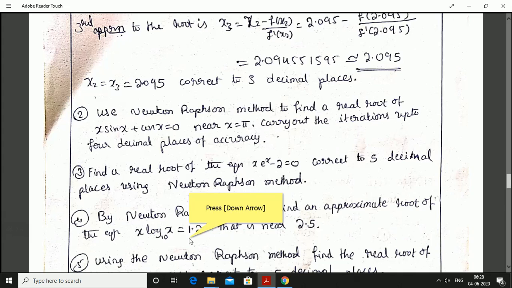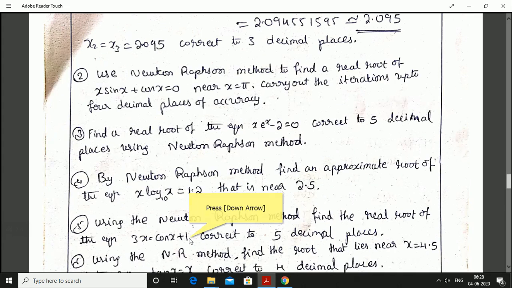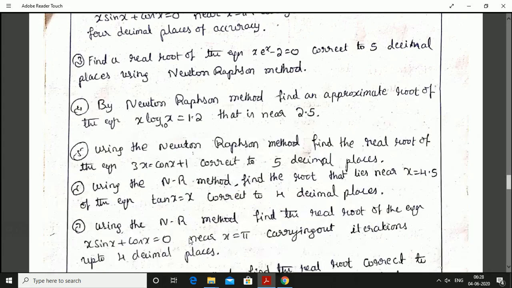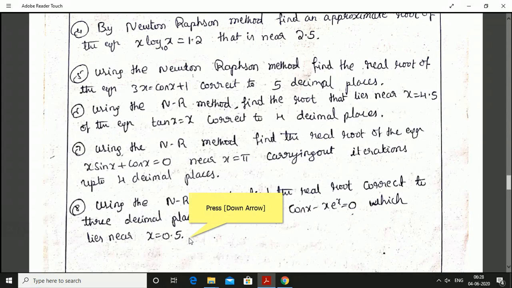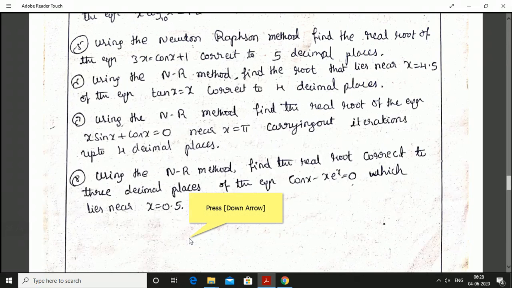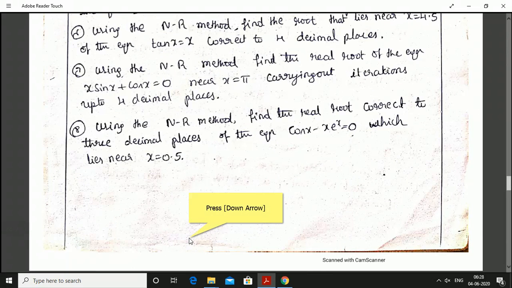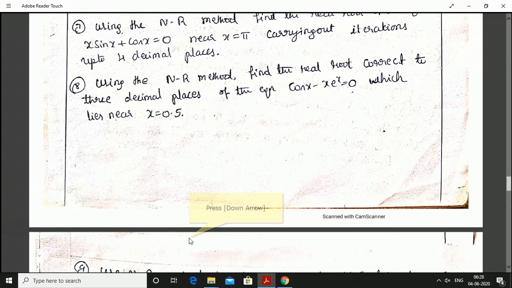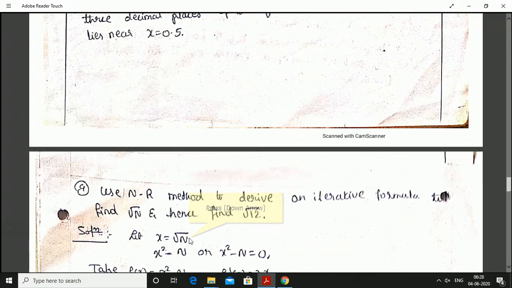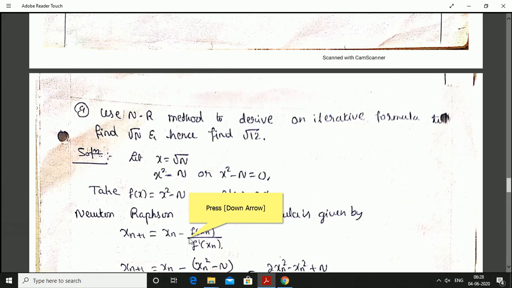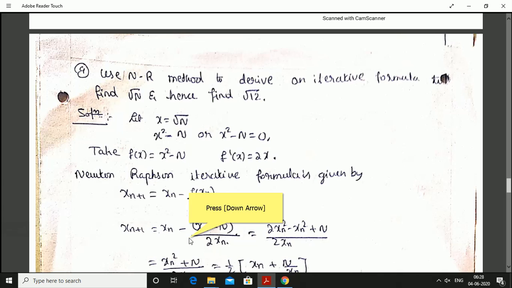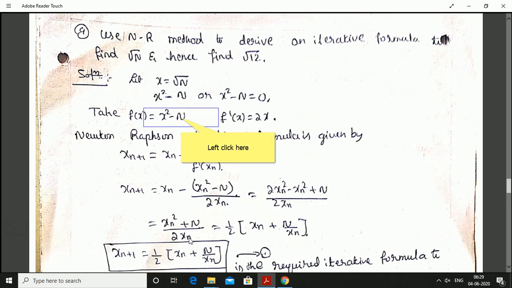One more problem. Use the Newton-Raphson method to derive an iterative formula to find the square root of n and hence find the square root of 12, they asked.